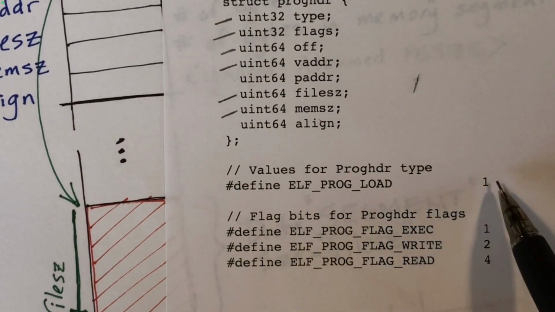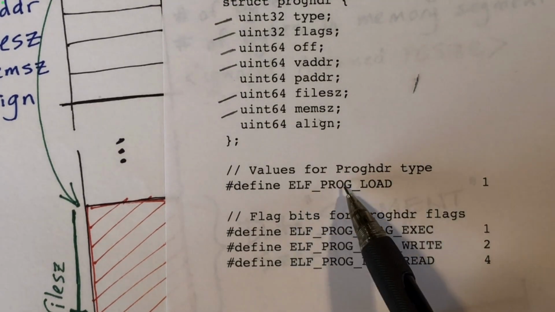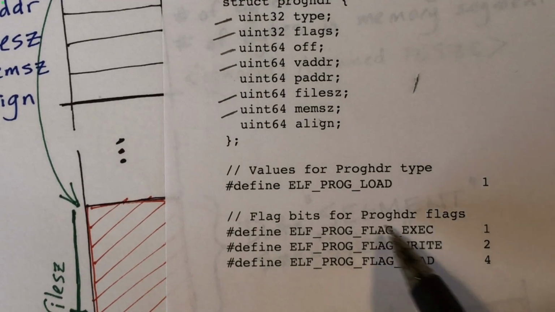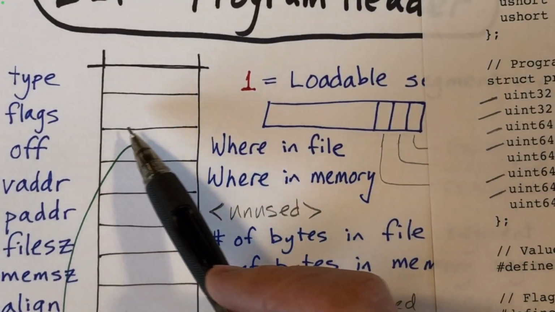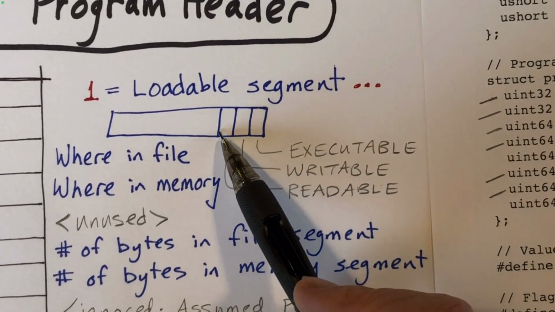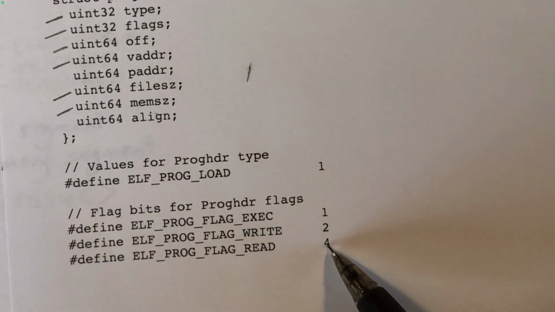And here is the code number for an executable segment, a program loadable executable segment. And here we have the codes for the bits here. In the flags word, we have the executable, writable, and readable bits, and those are just given with these constants here.